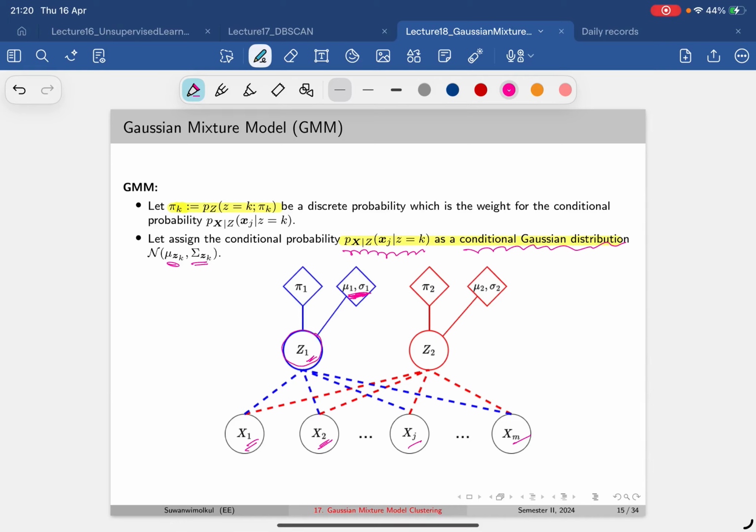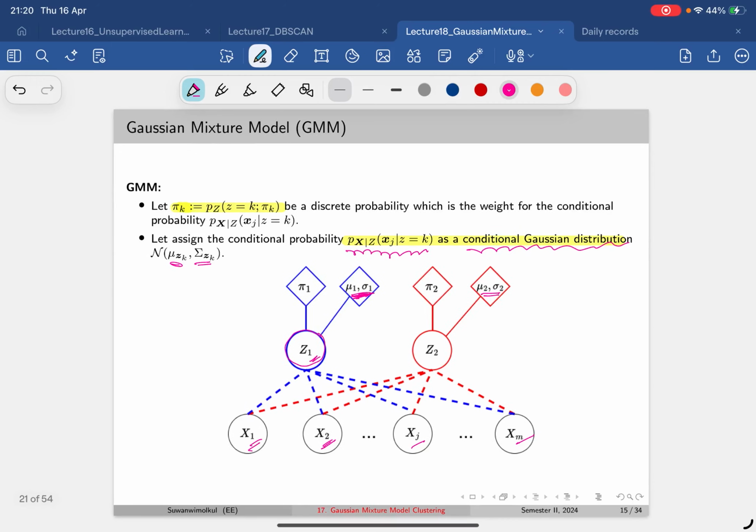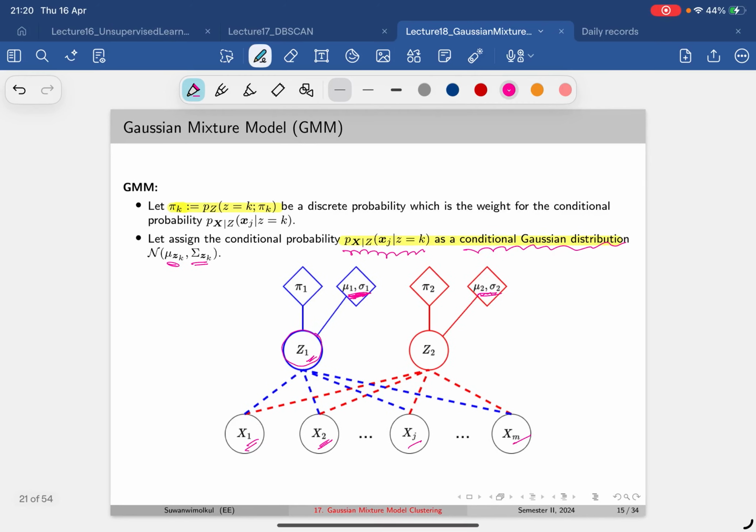Or if z is equal to 2, right? So the mean and variance of the Gaussian distribution will be equal to mu_2 and sigma_2. That's what is meant.